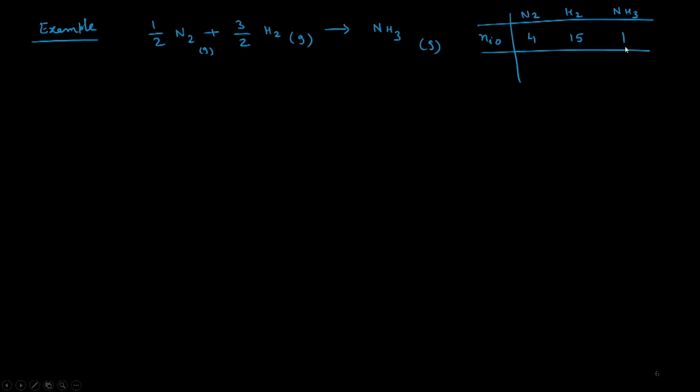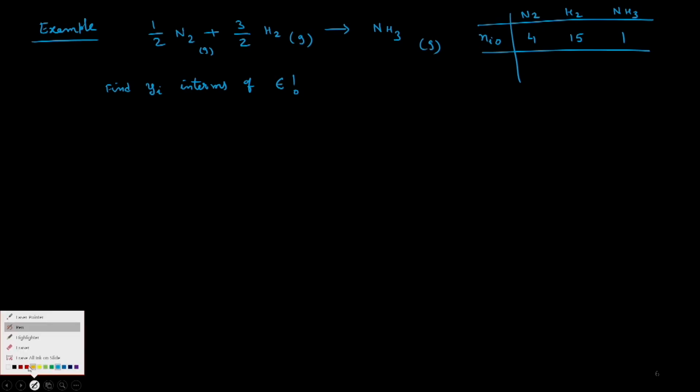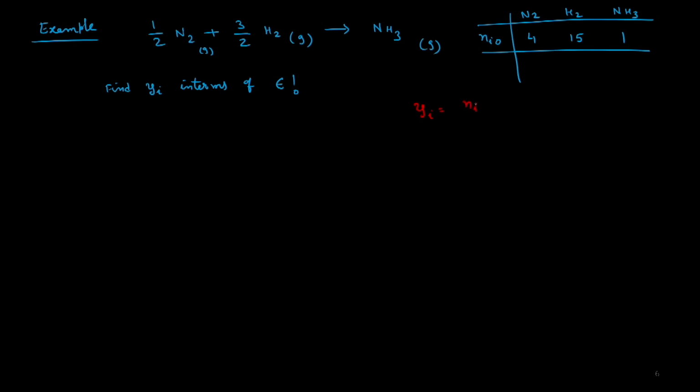And what we want to find is the expression for yi in terms of the reaction coordinate epsilon. So unlike the previous case, now there is no inert, but what we want is the expression for yi, which, as we recall, is ni naught plus nu I times epsilon over n naught plus nu times epsilon, right?